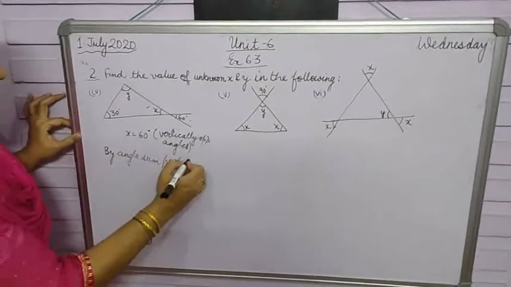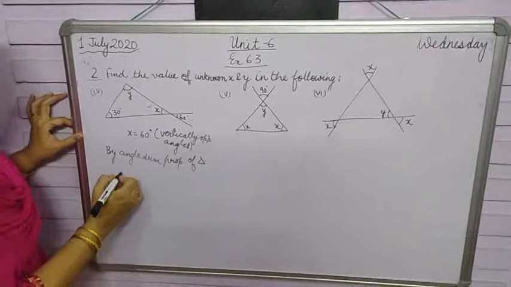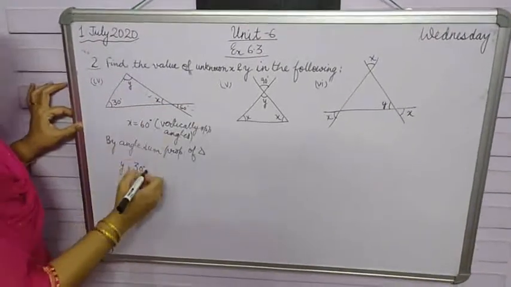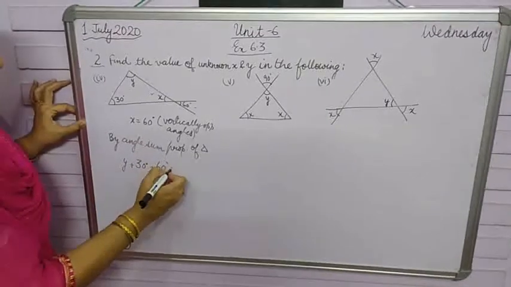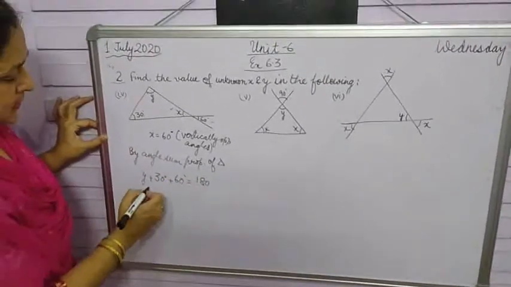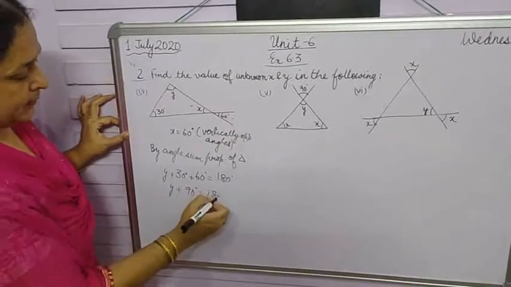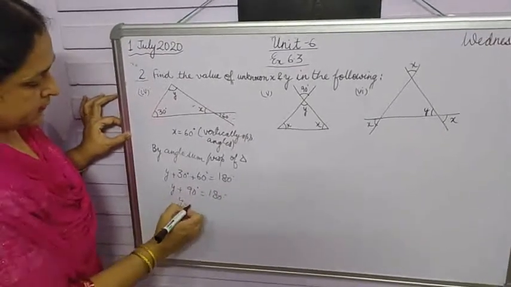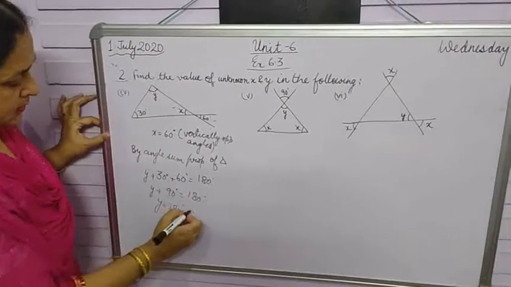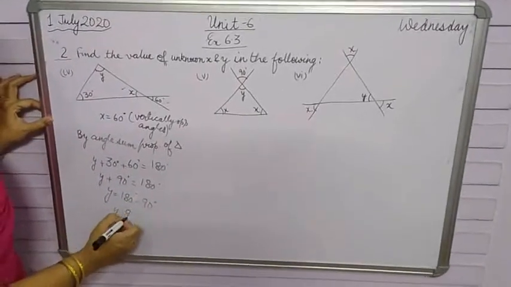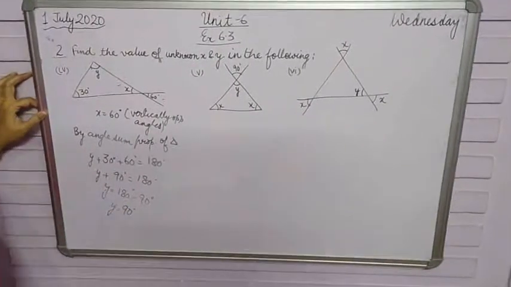By the angle sum property of a triangle, y is unknown, one angle is 30 and the other is 60, and the sum is equal to 180 degrees. 60 plus 30 is 90, and 90 when it goes there is subtracted. So the value of y comes out to be 90 degrees.